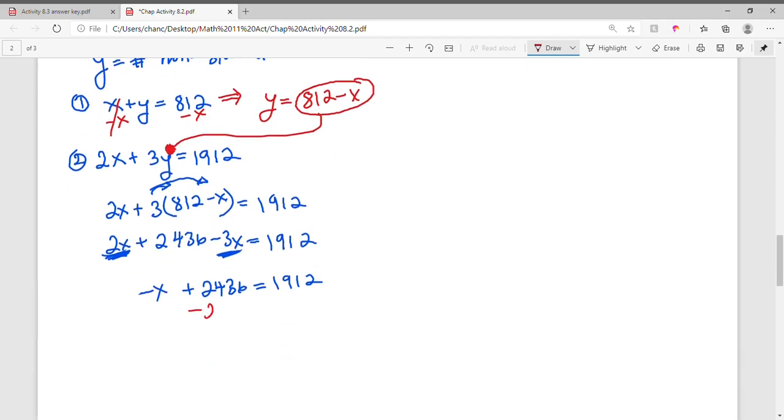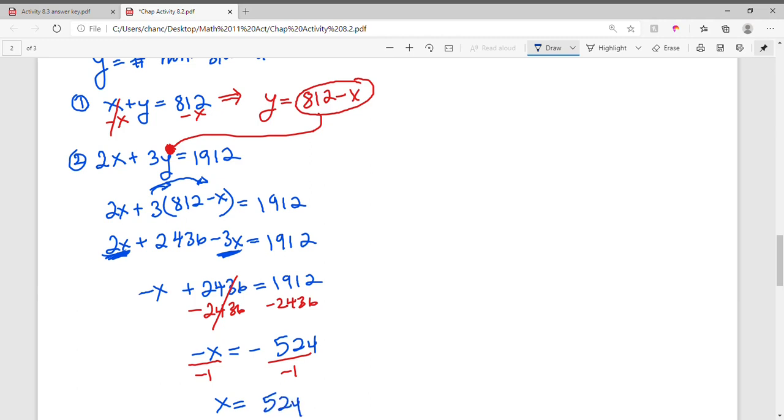Let's subtract 2,436 from both sides. And so negative x is equal to negative 524. And finally, we'll divide both sides by negative 1 to solve for x. X is equal to 524.